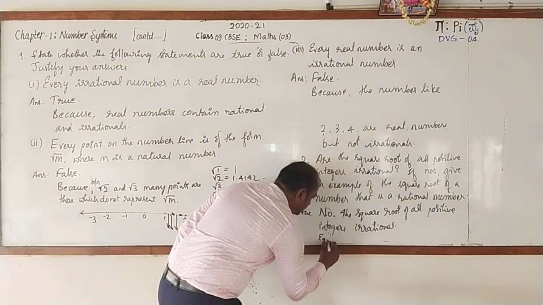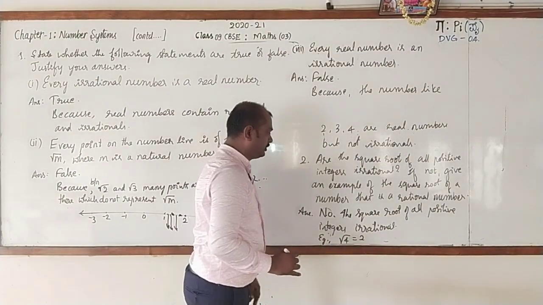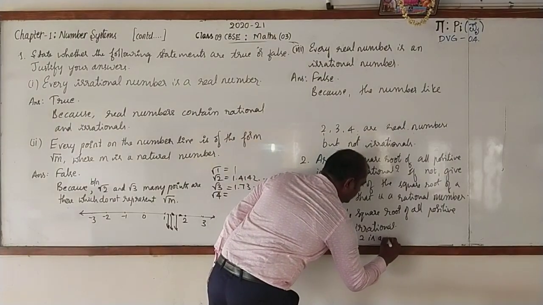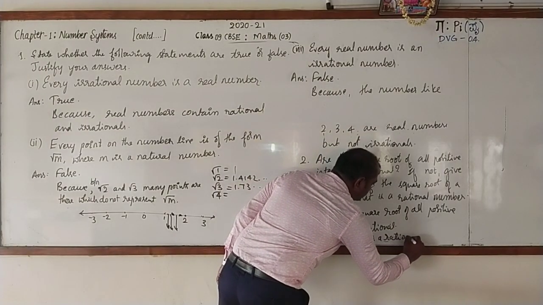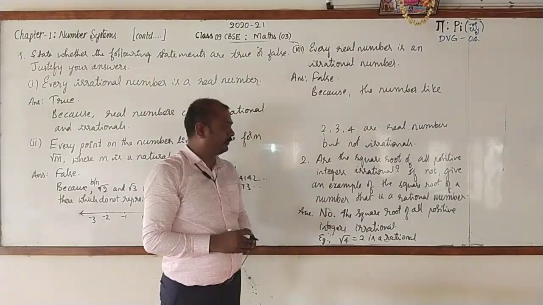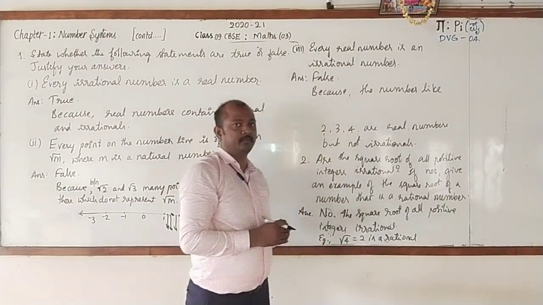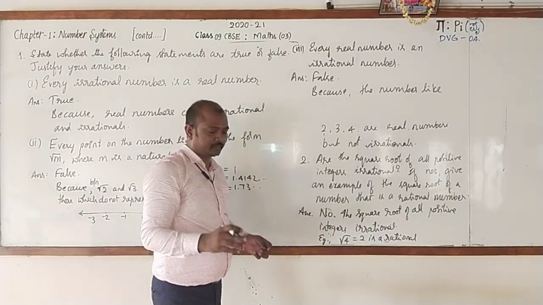Example can be taken as root 4, it is 2. 2 is a rational number. You can go for taking some more examples like root 9. Root 9 is 3. 3 is a rational number. Understood? Next.